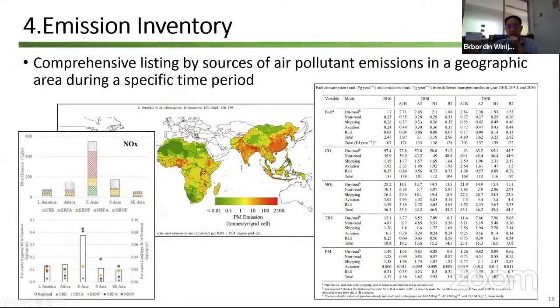Okay, and then another part that I will talk about is the emission inventory that we need to put into the model. So we will talk about the emission inventory in a little bit of detail.